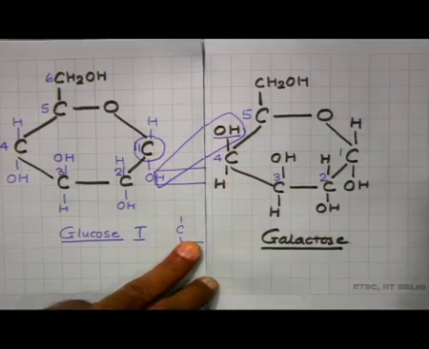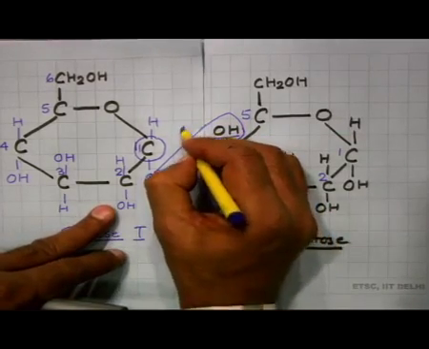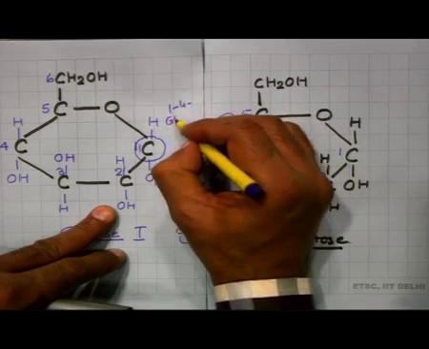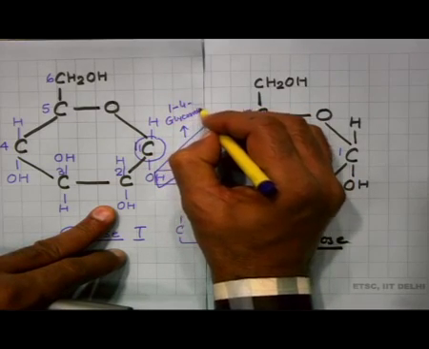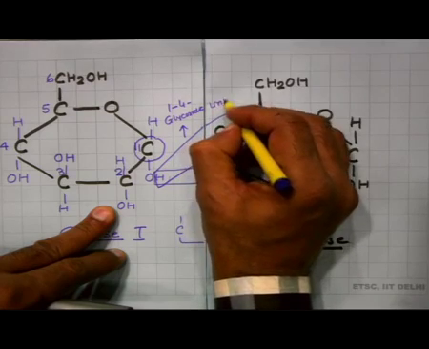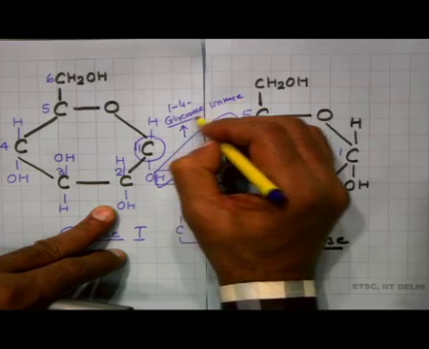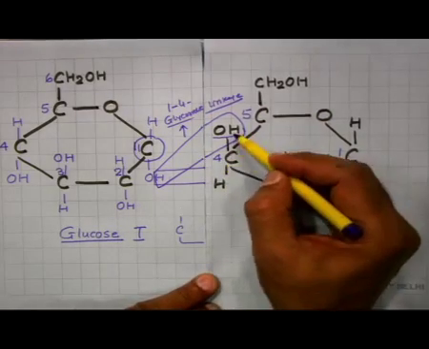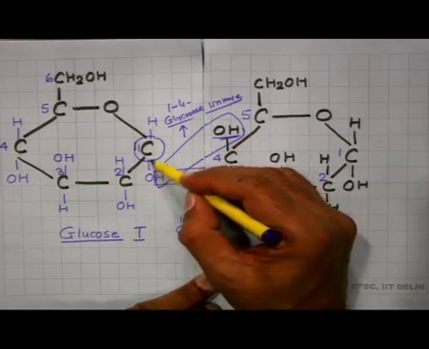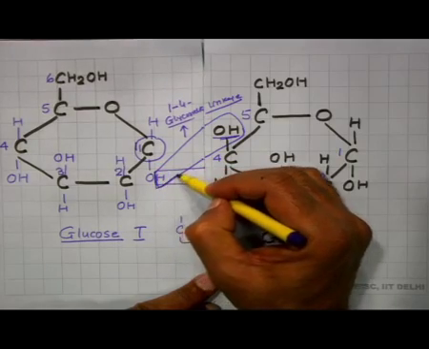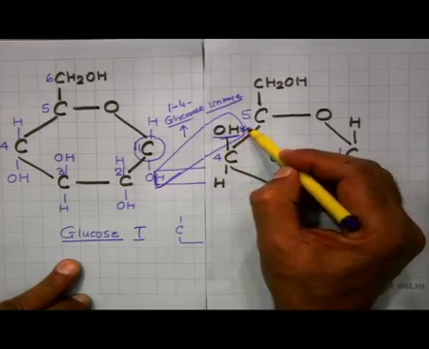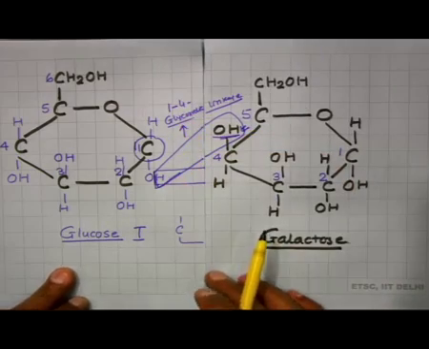The linkage will be no doubt 1,4, that is a 1,4 glycosidic linkage. At the fourth position OH is at the upper side, here OH is at the lower side. So, combine this H and this OH and form the glycosidic linkage.